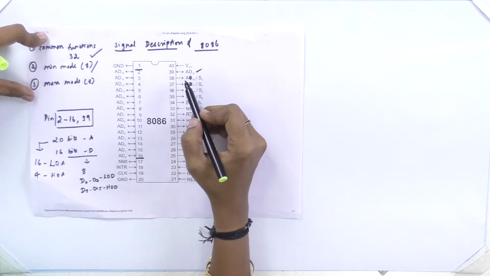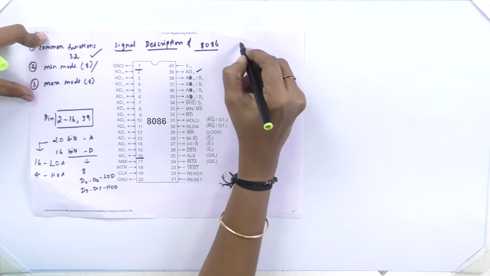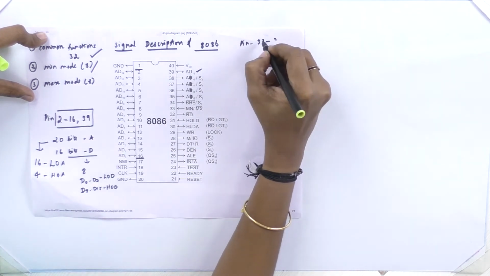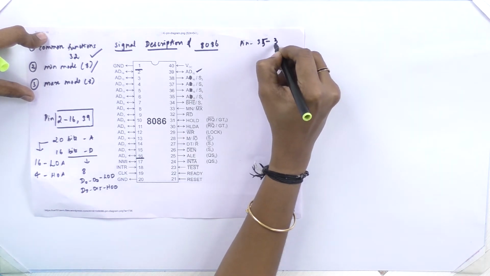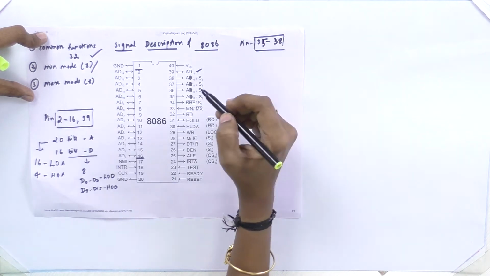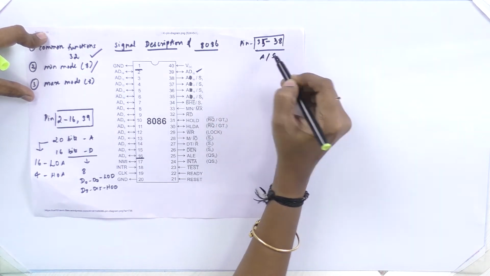Next are pin numbers 35 to 38. These pins will act as multiplexed address and status pins.